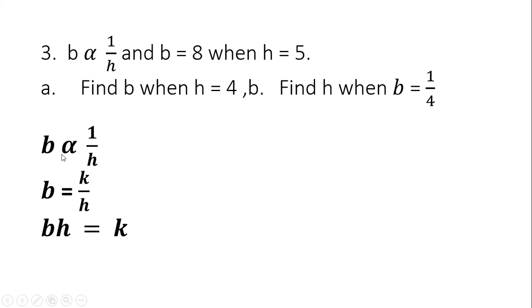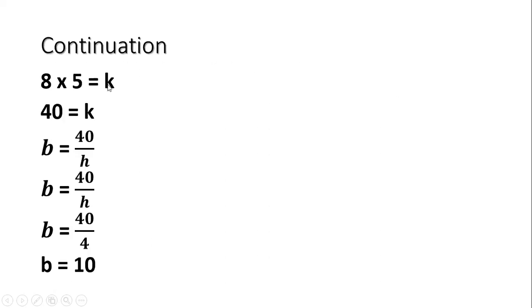So B varies inversely as H. B equals K over H, where K is the constant. Making K the subject, BH equals K. We have a value for B, 8, and a value for H, 5. So 8 times 5 equals K. K is 40. Bringing that to the formula, B equals 40 over H.